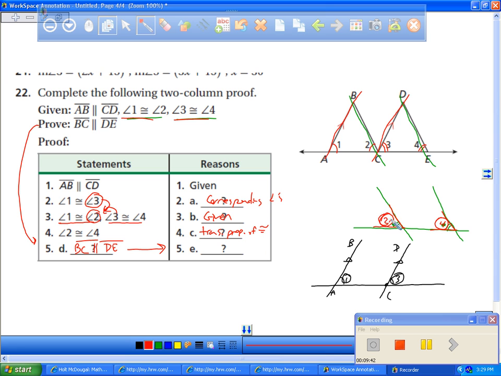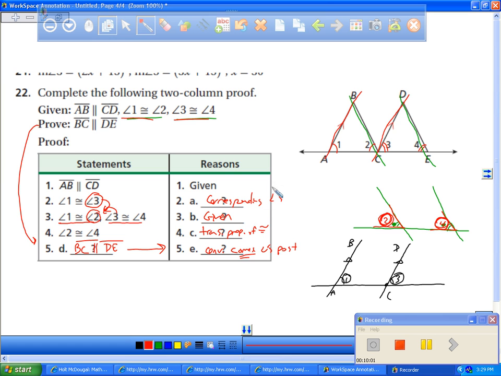Well, remember, if I have the corresponding angles congruent, that must mean that the lines are parallel, because of the converse of the statement. So that's going to be because of the converse of what? Corresponding angles. Ooh, it's a corresponding, so therefore it is postulate. And that's how you do number 22.